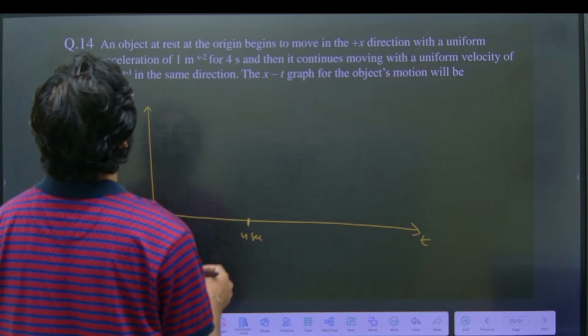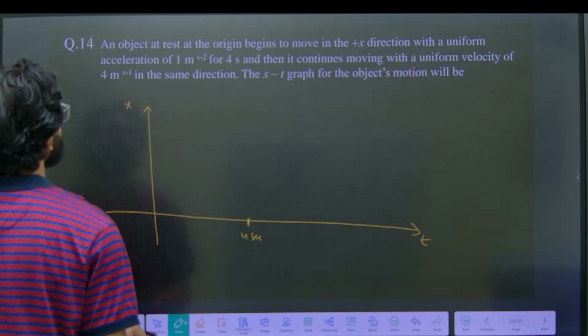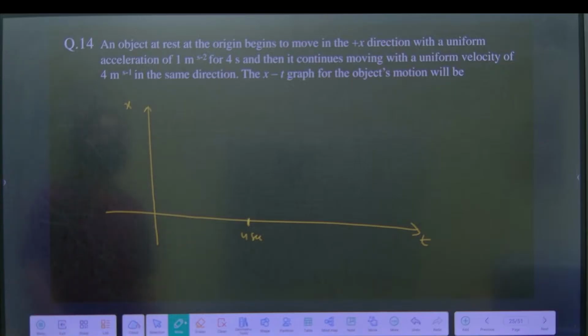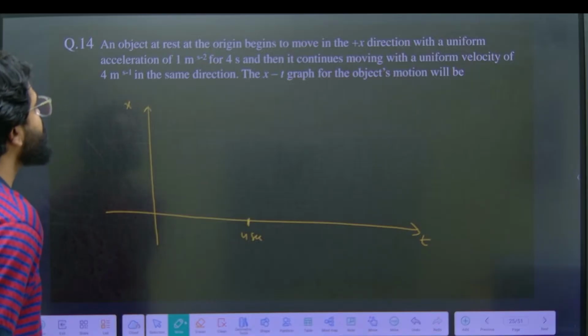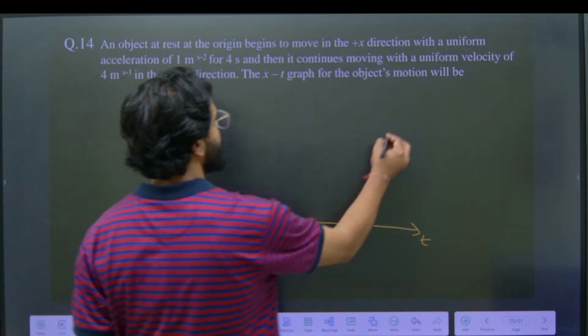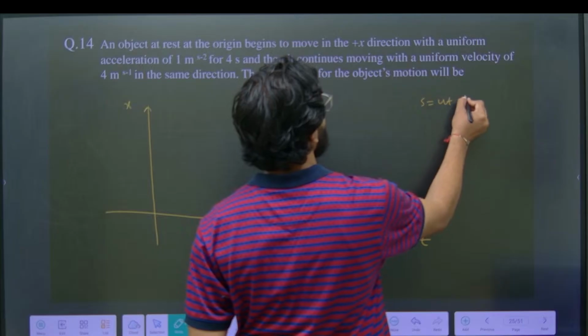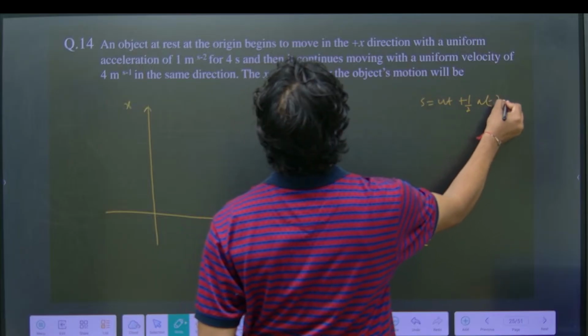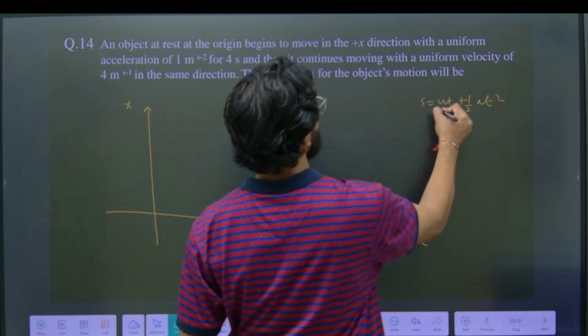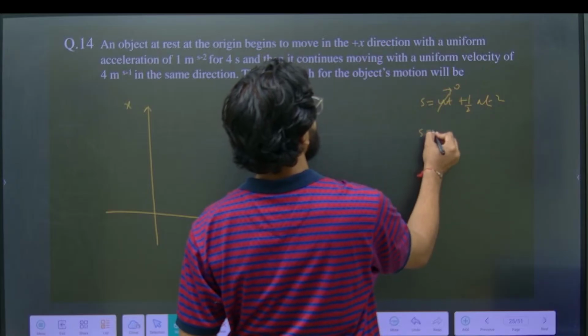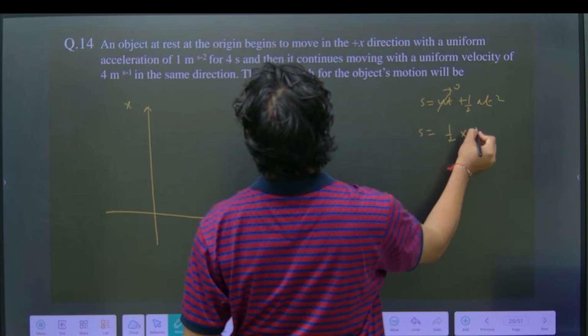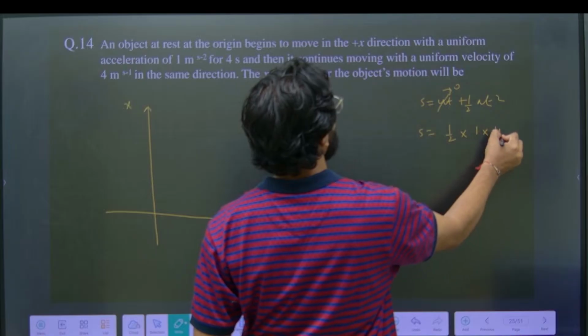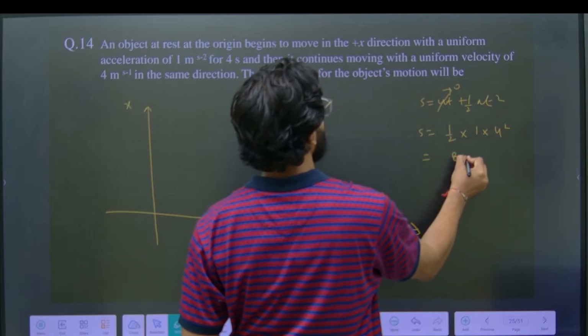Okay, and then it continues to move like this. So x-t graph, firstly we can calculate how much displacement it will travel in first 4 seconds. So s equals ut plus half at square. Initially it was at origin and at rest, so this is 0. So s equals half into 1 into 4 square, so it is 8 meter.